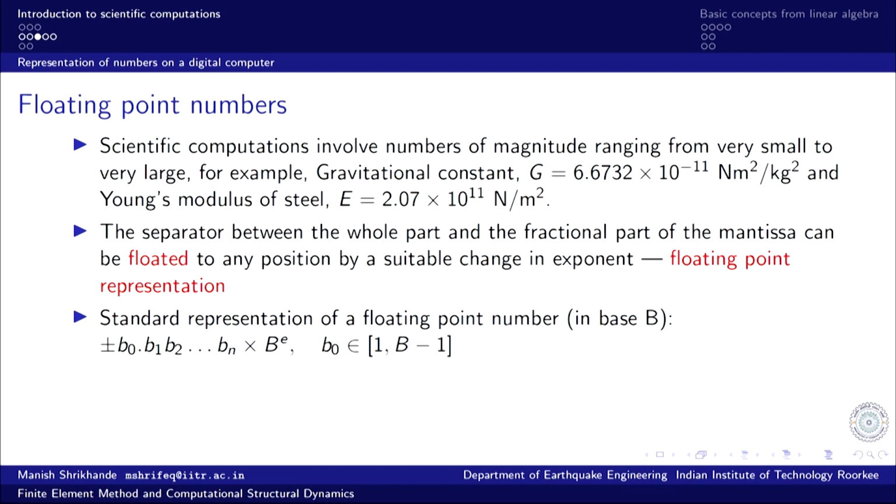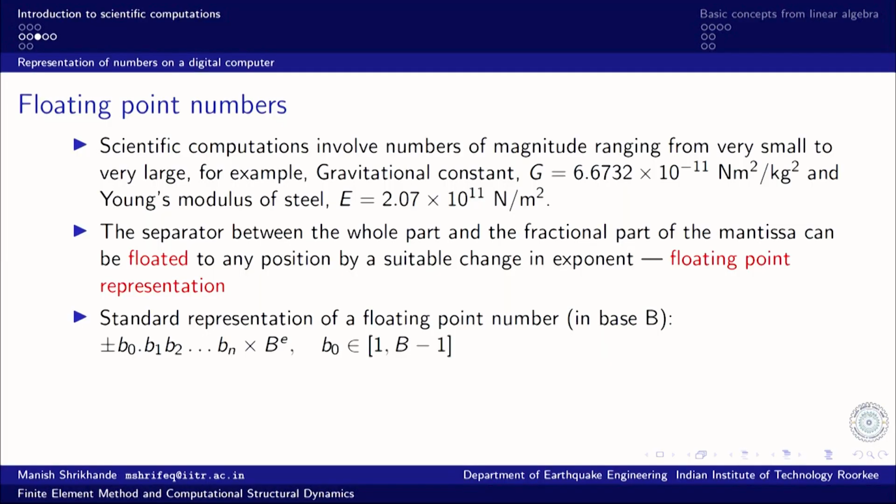Let us say it is base B, then it is written as plus or minus b0 dot, that is the separator, then b1, b2, b3 etcetera up to n, that is the precision, and then multiplied by B raised to the power e, the exponent. So, B is the base of the number system. That is how you have that 10 there in the decimal number system.